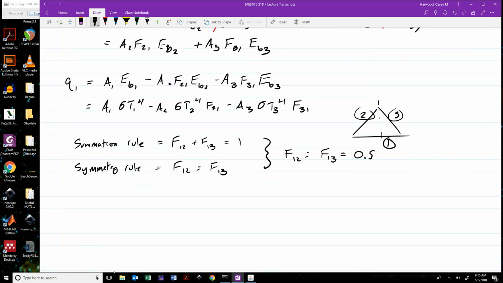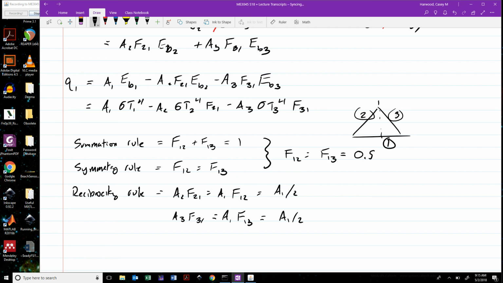Then we've got the reciprocity rule that we'll use in 2 ways. First, A2 F21 is equal to A1 F12. And A3 F31 is equal to A1 F13, which is equal to A1 over 2 and A1 over 2, because F12 and F13 are both equal to 0.5. Cool.